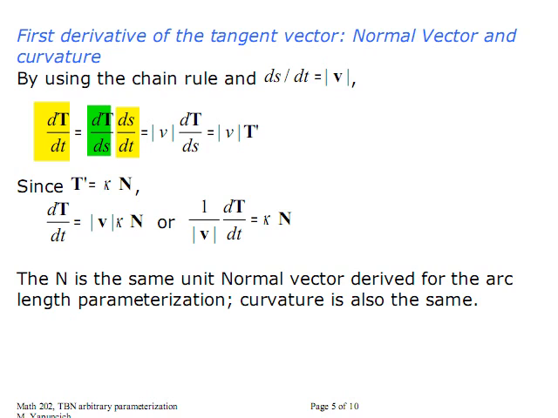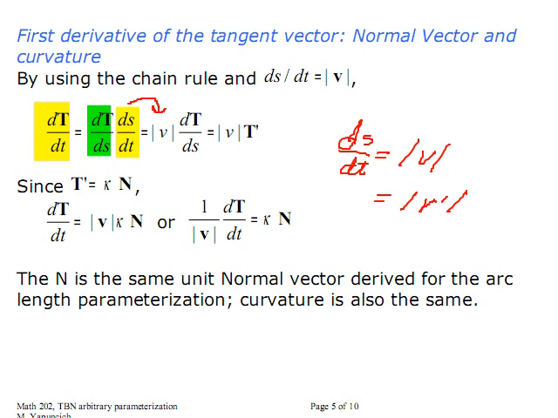And now you can see why we pointed out the result earlier, that ds by dt equals the magnitude of the first derivative.